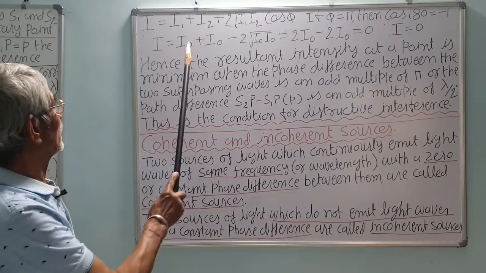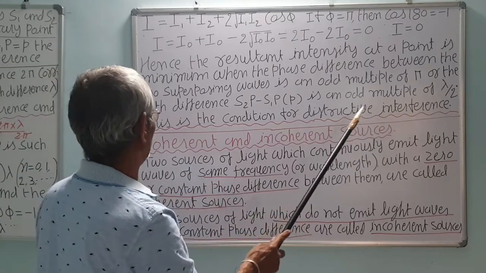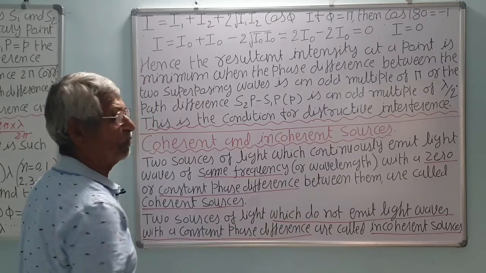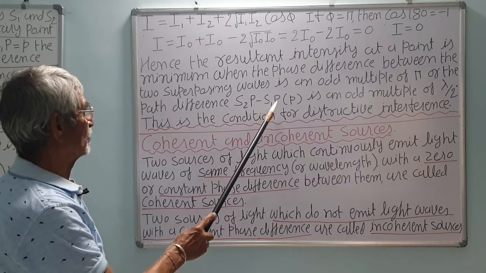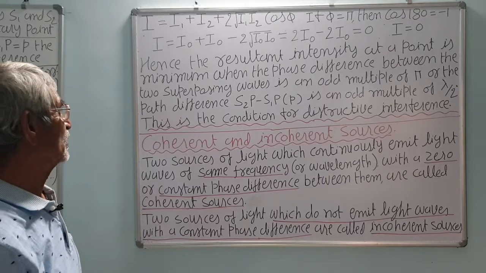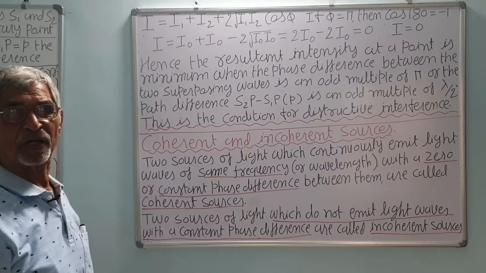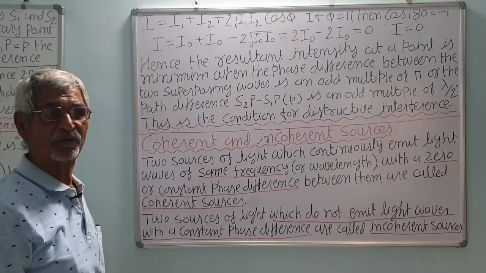So remember, this is a very, very important path difference. If S2P minus S1P is equal to 2n plus 1 times lambda by 2, there will be destructive interference. If S2P minus S1P is equal to n lambda, there will be constructive interference. n is an integer 0, 1, 2, 3.